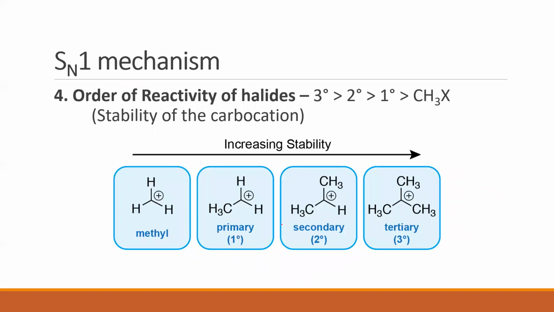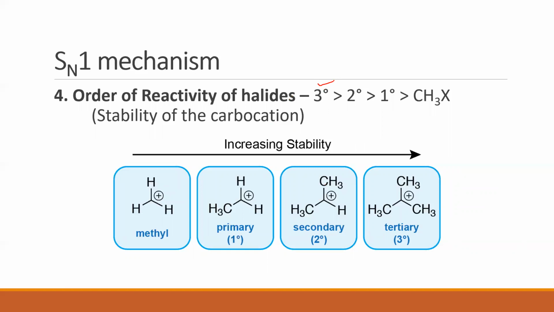CH3X was more reactive than primary, which was more reactive than secondary, which was in turn more reactive than tertiary. In SN1, it is exactly the opposite of that. So, who's most reactive here? Tertiary is most reactive, followed by secondary, followed by primary, followed by CH3X.